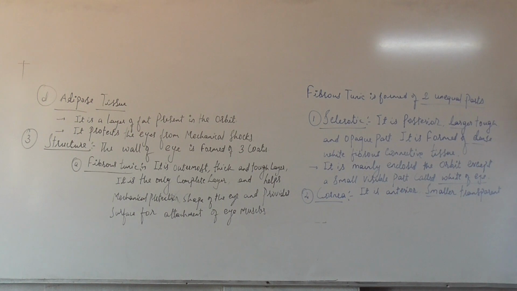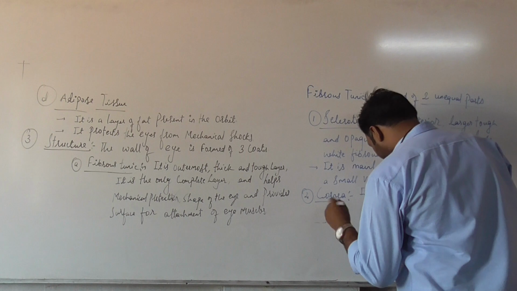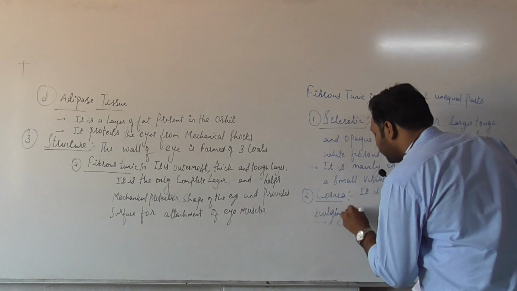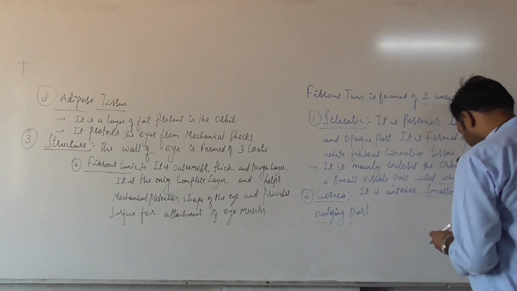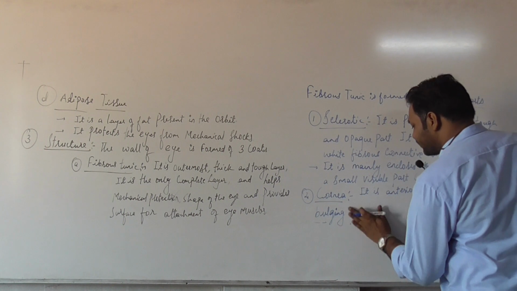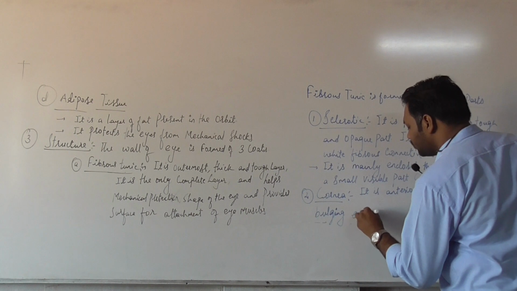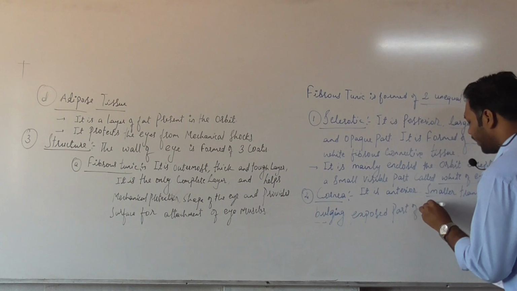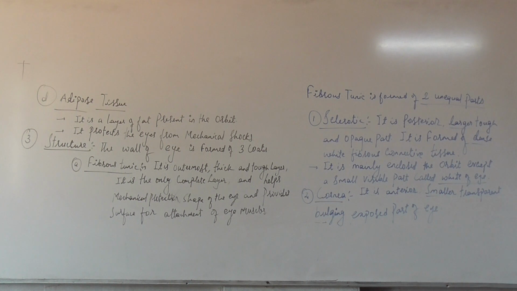The smaller one is anterior, found on the front side. Smaller, transparent, bulging part, bulging exposed part of the eye.